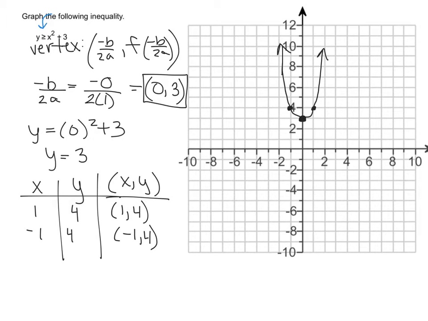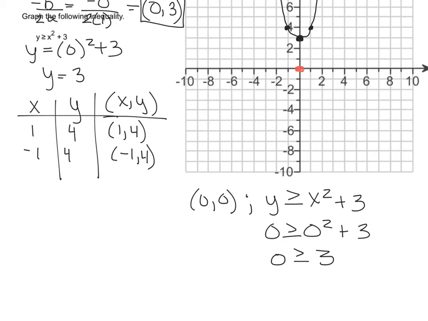Now I want to decide where to shade. Am I going to shade on the inside of the parabola or on the outside? So in order to decide, we'll just choose a test point. And again, I'm going to test (0, 0) since it's not on the quadratic function. So when I plug in a 0 for x and a 0 for y into the original inequality, I get 0 is greater than or equal to 3.